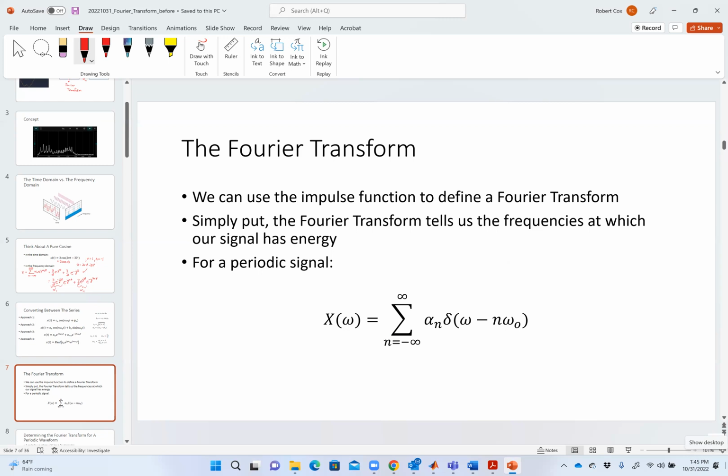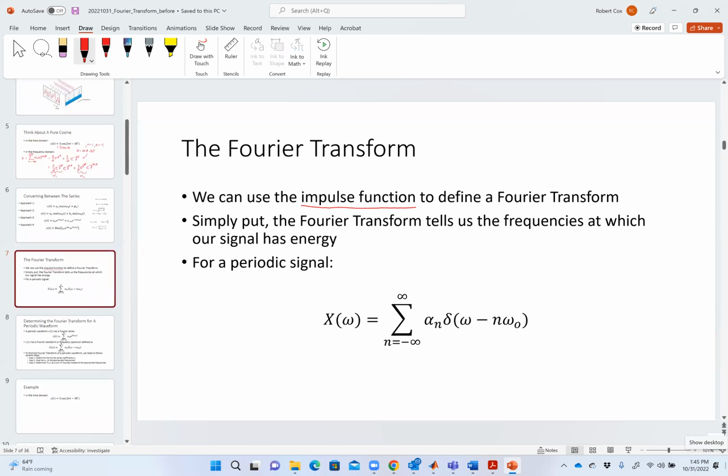In this class, I'm only going to focus on the periodic signal. What it says here is this. We use the impulse function to define a Fourier transform, and we basically use this formula right here. And basically what happens is we have impulses at the specific frequencies where there's information in the signal, okay?